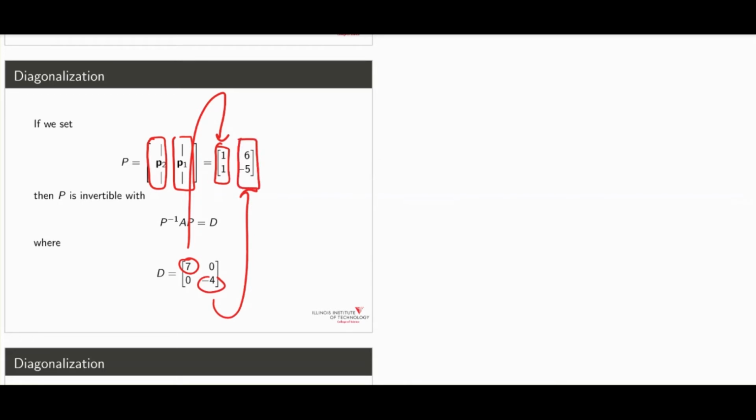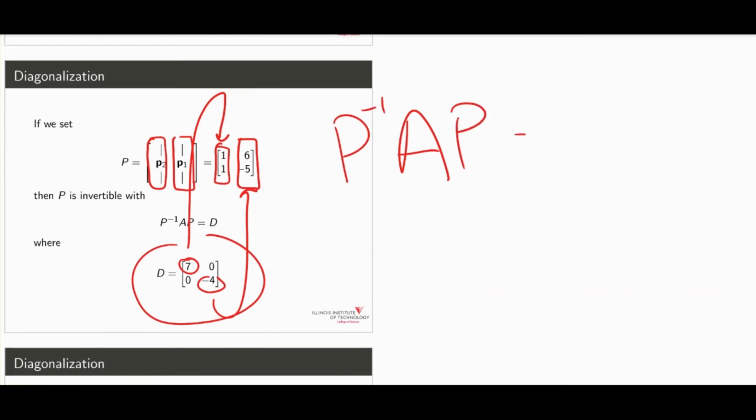So as you can see, if the order of the eigenvectors inside this P is different, then you will get a different diagonal matrix. But it doesn't really matter. The matrix A is still diagonalizable, because A is diagonalizable simply means that you can find a matrix P such that P inverse AP equals a diagonal matrix, not the diagonal matrix.